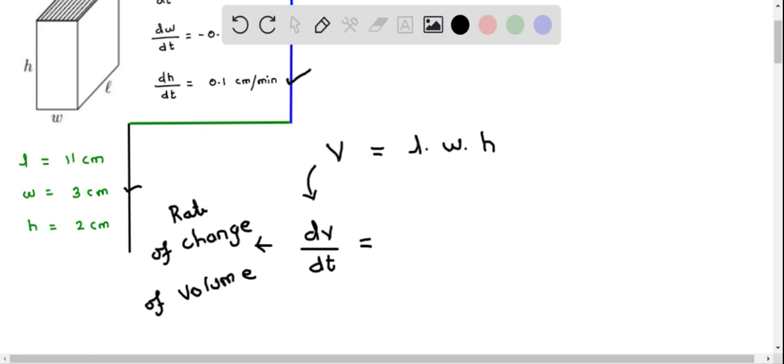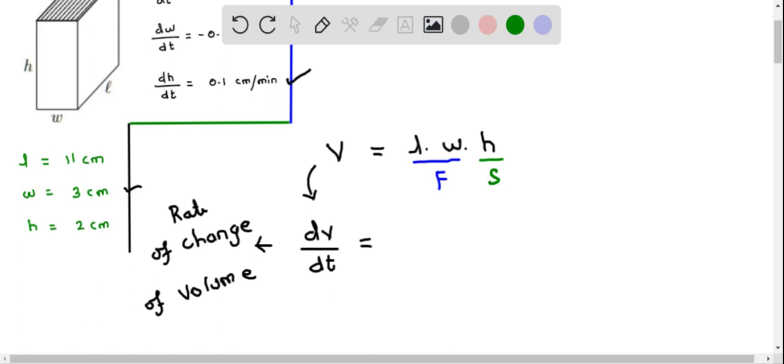Here we have a product of three quantities. Every quantity is a variable and each one has rate information. So we have to consider any two quantities as just a first. So I'm going to consider L times W as first, and I'm going to consider the last quantity, that is height, as second. So we are going to apply the product rule here.